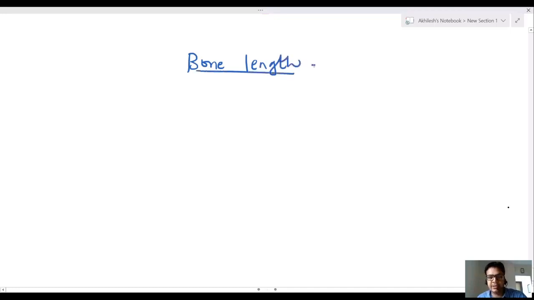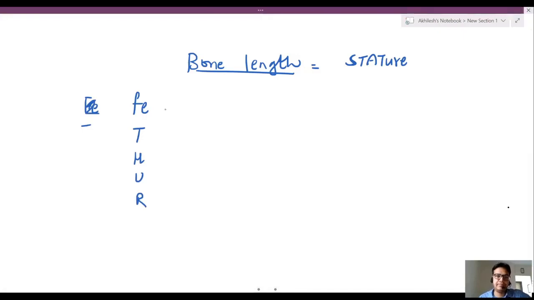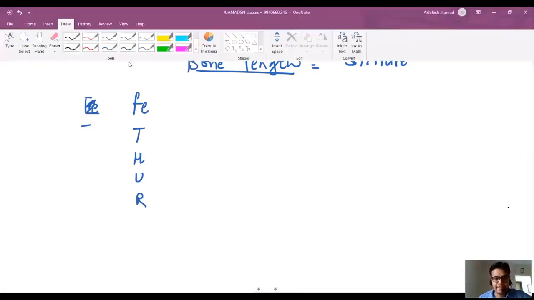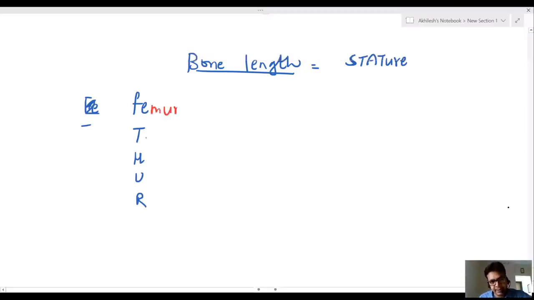By bone length, we can decide stature. Sir, you can remember Fitur. F for femur. T for tibia and fibula, both.